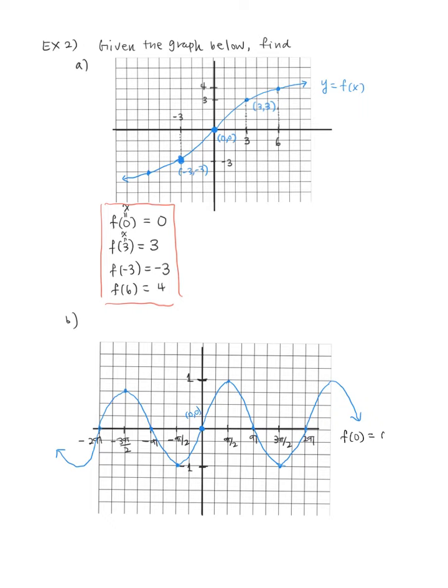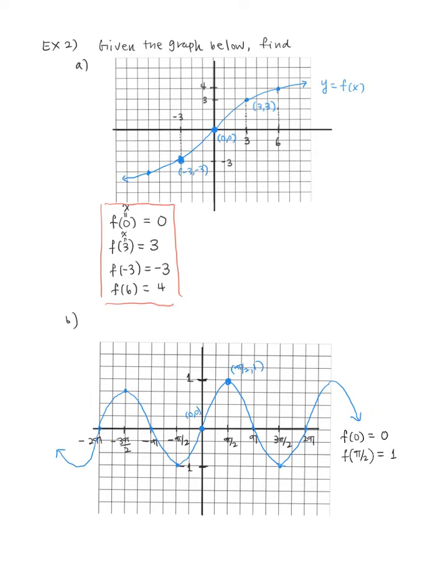So f of 0 is 0. Now let's go with f of pi over 2. When x is pi over 2, what is the corresponding y value? It's right here. When x is pi over 2, our y value is 1. Therefore, f of pi over 2 is 1.